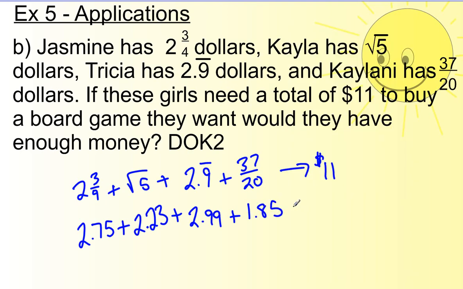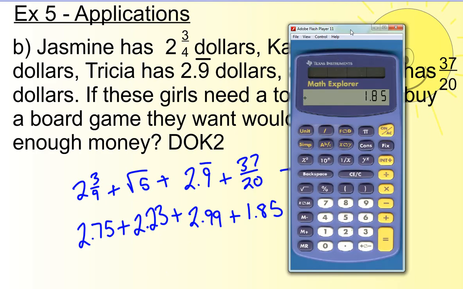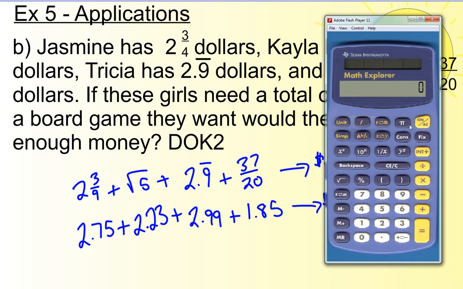And we want to know, with all this money, can we buy this board game that costs $11? Well, let's see. Since we're already using our calculator, might as well finish up using the calculator. So you've got 2.75 plus 2.23 plus 2.99 plus 1.85 equals... Nope.